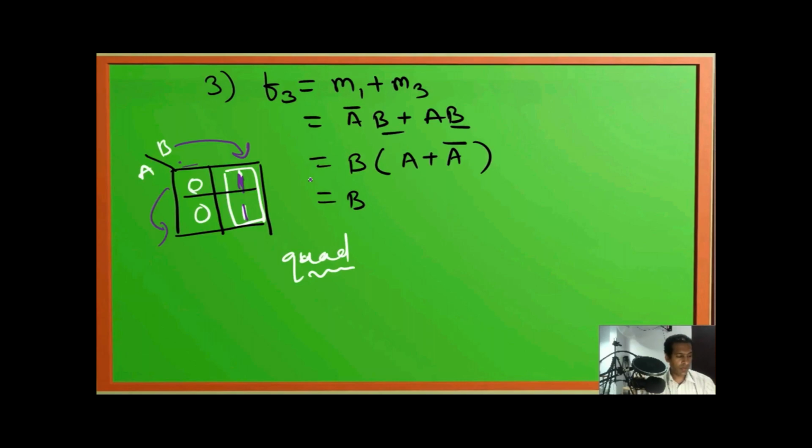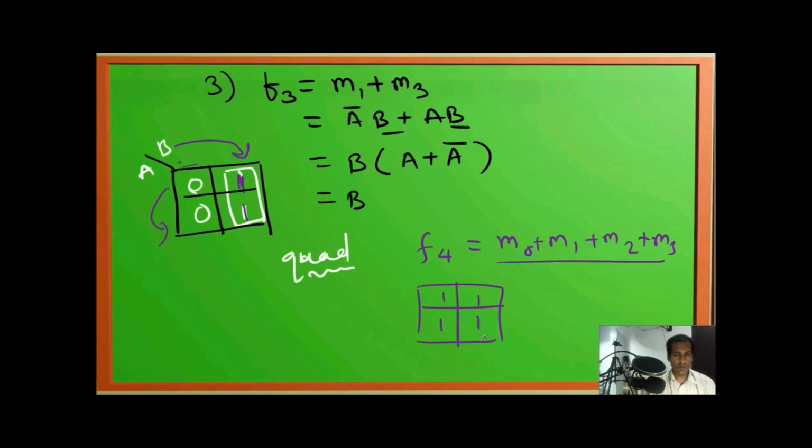Now suppose we get another function, f4, where we take m0 plus m1 plus m2 plus m3. There all the boxes will have ones: 1, 1, 1, 1.